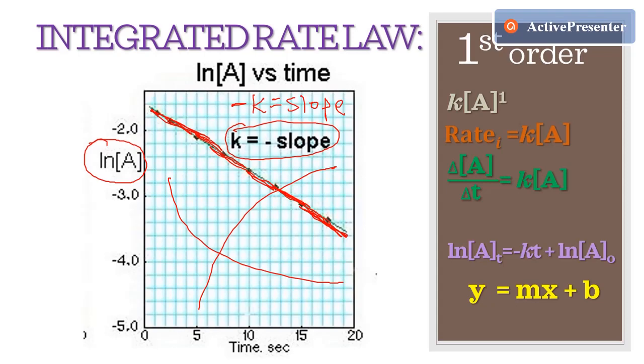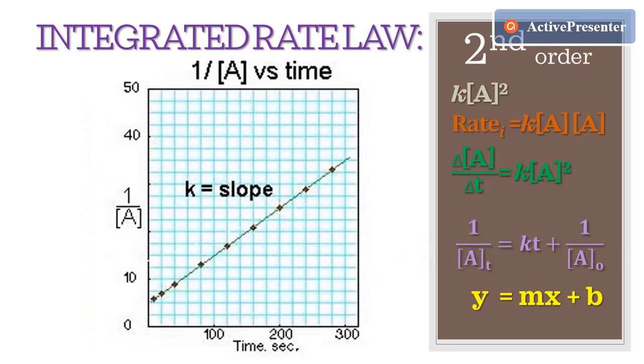You're doing it in first order and it should be zero order or second order, because the whole purpose of rearranging these purple formulas to plot on the graph is to get a straight line out of it. So if you're not getting a straight line, then you've got the wrong order, and you need to go back and check what order this reaction is.